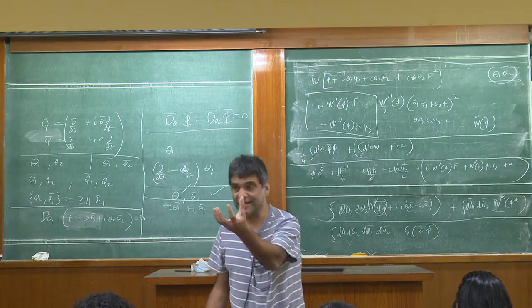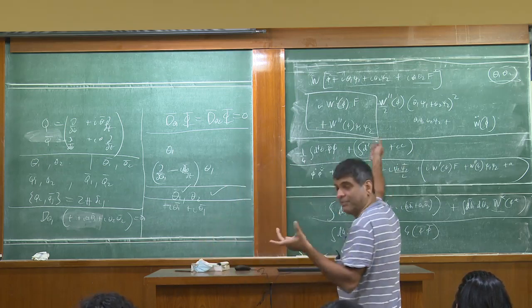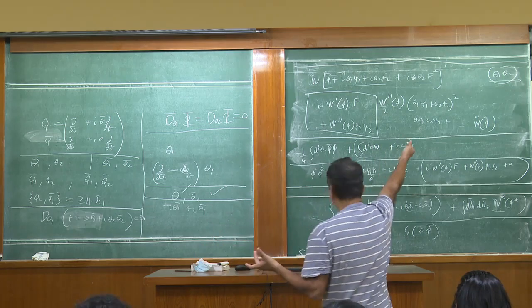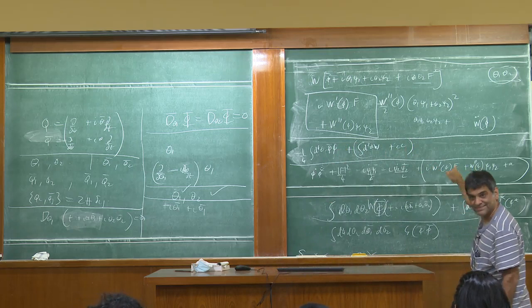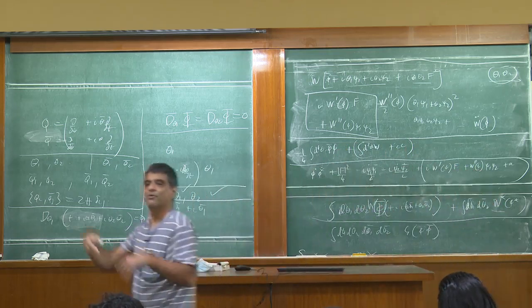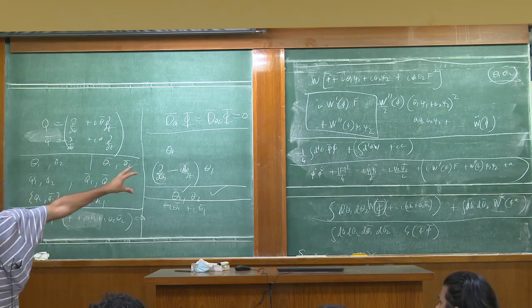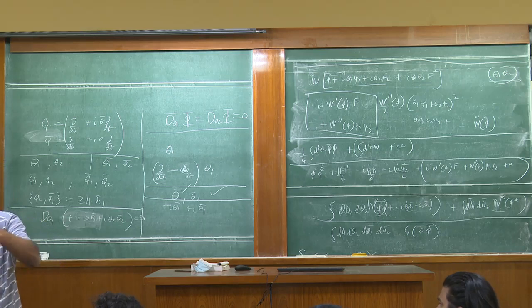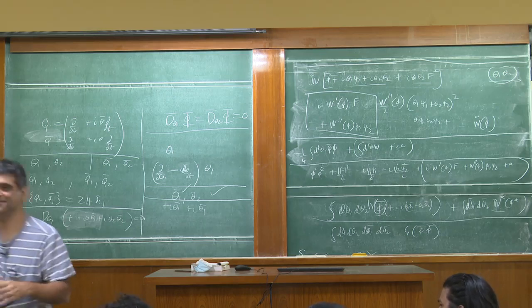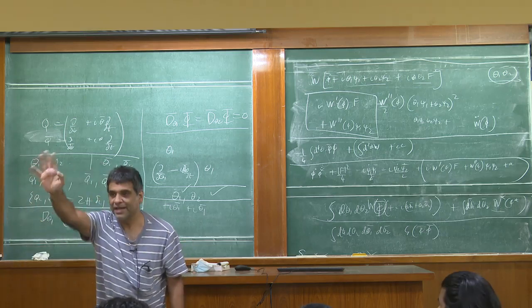Then clearly it's the second derivative of its first bosonic component, but the first bosonic component is W of phi. Therefore it will be the second derivative of W of phi. Now, if you expand this out, this will have terms which are phi dot and a term which is phi double dot. You'll get all those terms when you do it that way, and they'll group up into this. You know that beforehand because you could have just expanded it in terms of the component of W. So doing it your way will also give the answer, but it's a complicated way to do it. Thank you. Other questions?